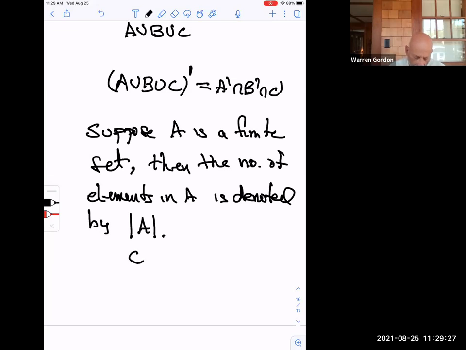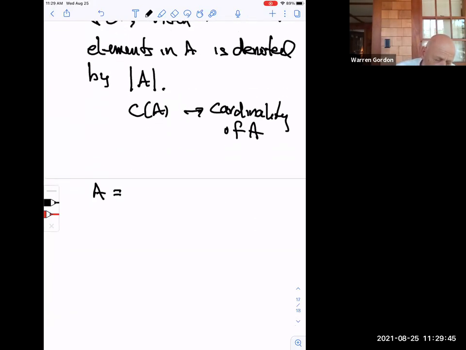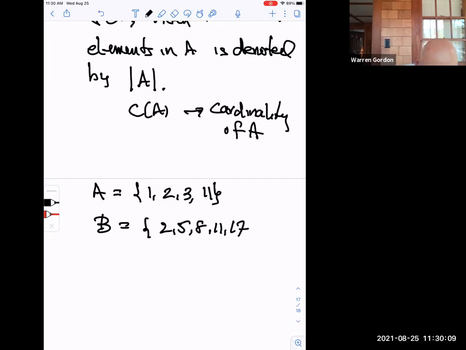By the way, other books call it C of A, and sometimes that's called the cardinality of A. So this symbol just means the number of elements in A. For example, suppose A had the elements 1, 2, 3, 11, I'm choosing one of my examples right from the text, and B has 2, 5, 8, 11, 17, 19, and 20.